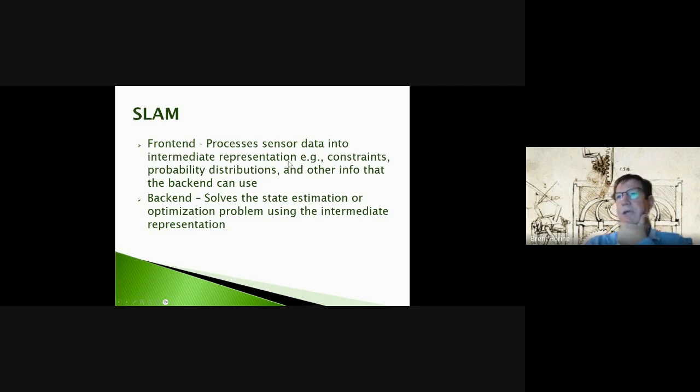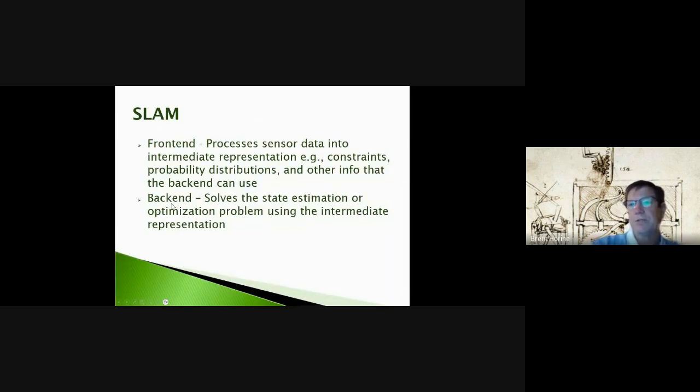We're going to take that raw sensor data and transform it into things we call constraints and probability distributions and other information that the back end can use. Now the back end is going to solve that state estimation or whatever type of optimization problem using the intermediate representation.